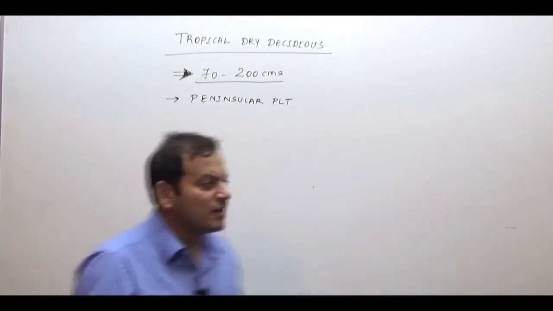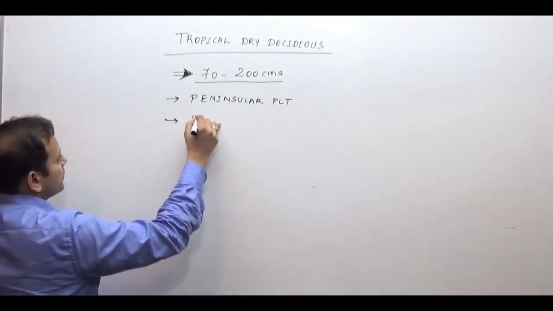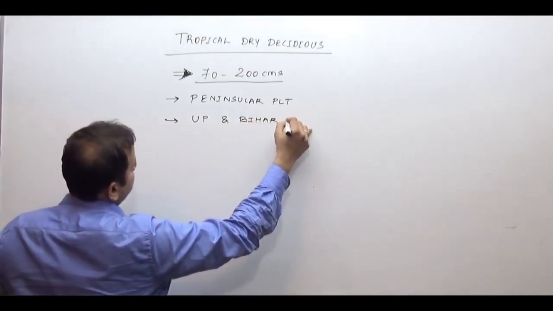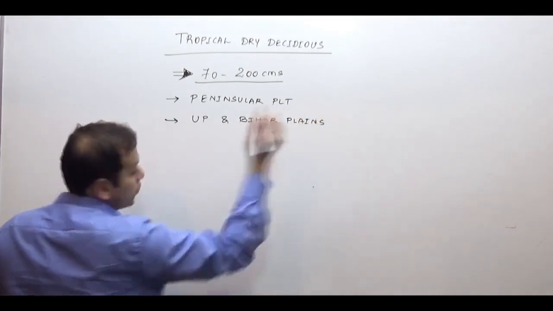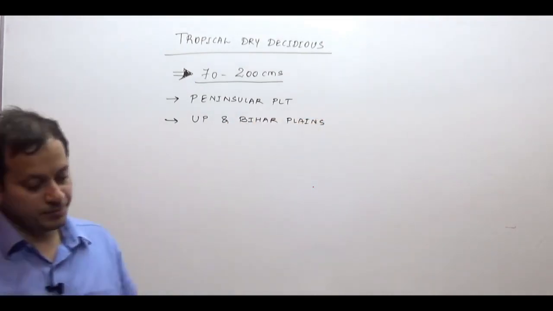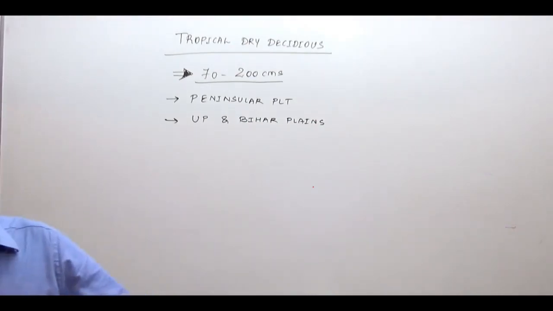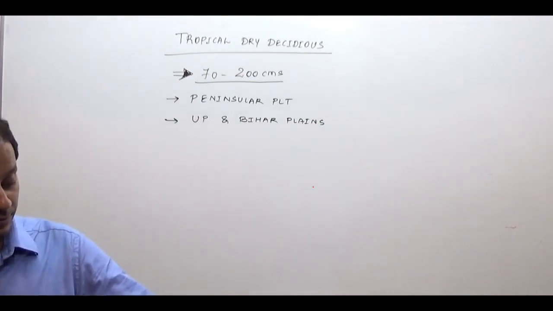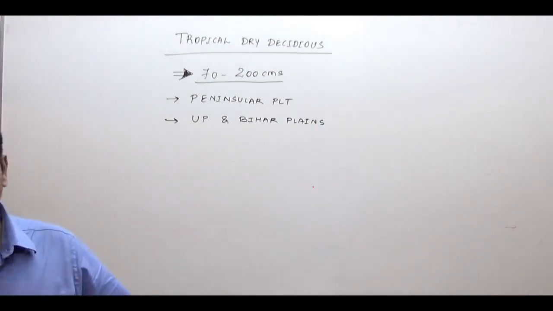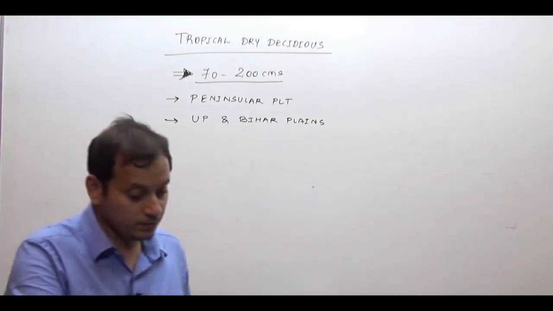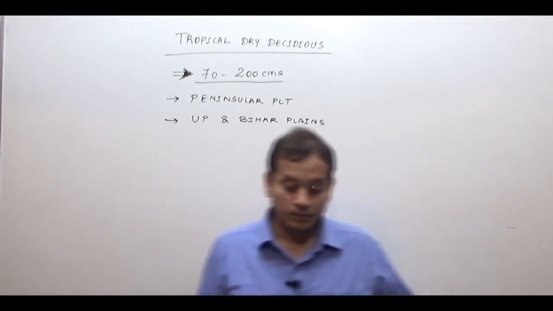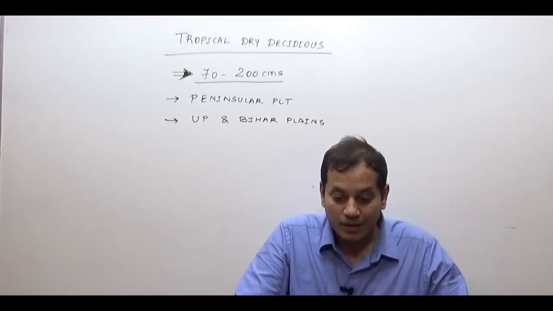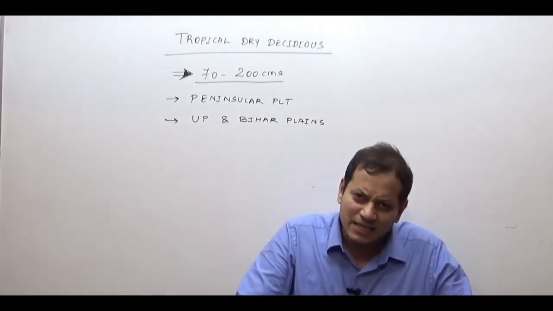It will be found in the plains of Uttar Pradesh and Bihar, and all along the foothills of the Himalayas in the drier part.